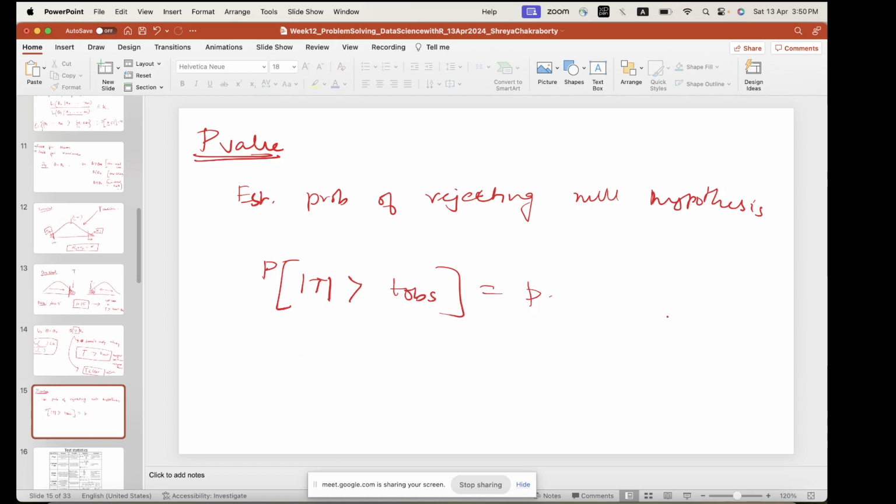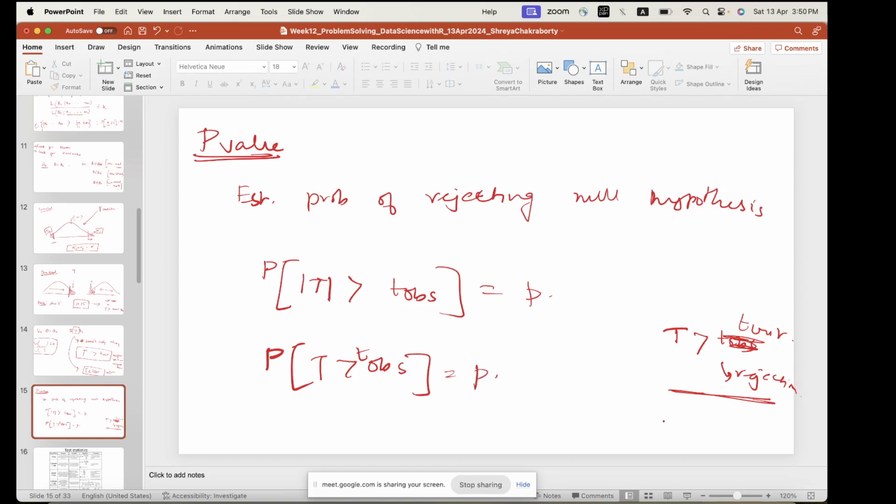If I have a single-sided test such that t greater than some t critical is my rejection region, then the probability of t greater than t observed is my p-value. And if the rejection rule is t less than some t critical to reject, then the p-value will be the probability of t less than t critical.